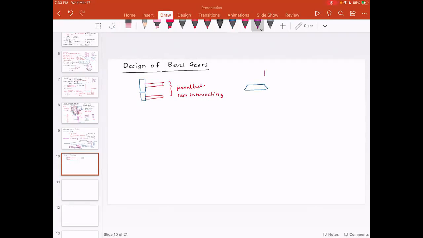typically the bevel gear, you can have two gears perpendicular to each other, 90 degrees to each other. Or the bevel gears can be at different angles.